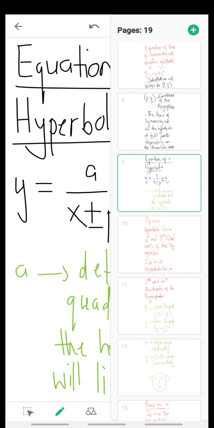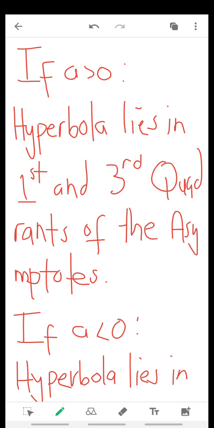On that same note, when my value of a is positive, then the hyperbola will lie in the first and the third quadrants of the asymptotes. Please take note of the asymptotes, not of the Cartesian plane. It will only be the Cartesian plane if our vertical and horizontal asymptotes are 0.